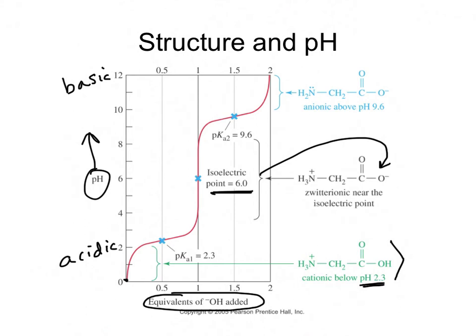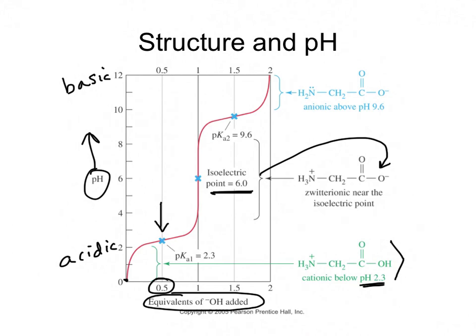Now, as you're doing your titration curve, there is a point in between, when you have added half an equivalent of base. At that point, where I just drew the arrow, you have deprotonated halfway. So you have a mixture of this CH2COOH, that half, and the deprotonated version.